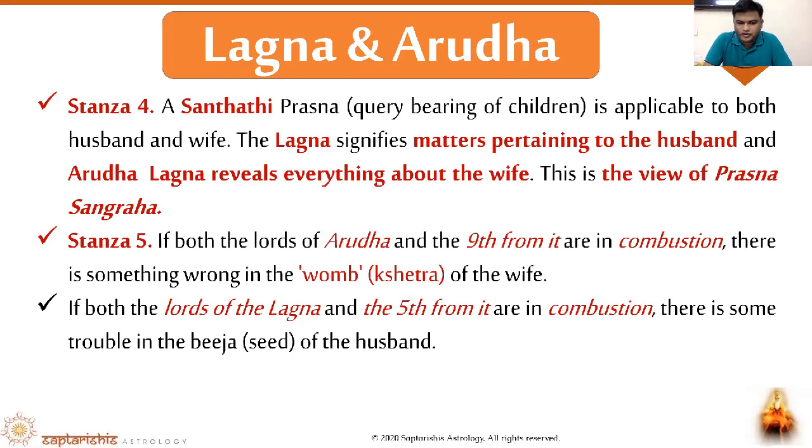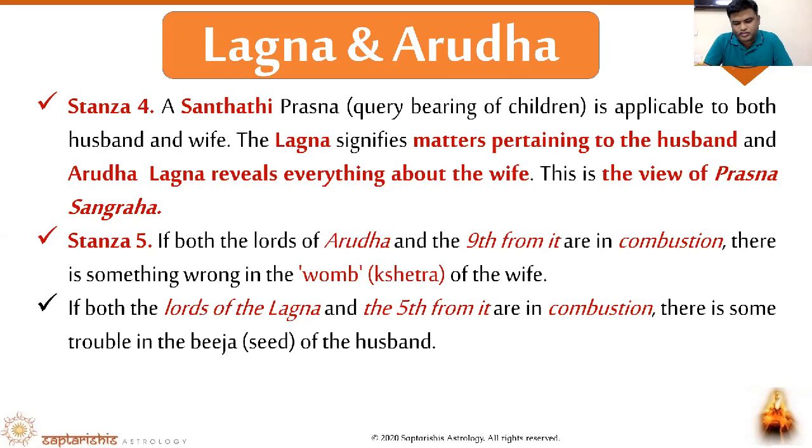See, in this stanza number 5, we are referring to Aruda, and in stanza number 4, you can read that Aruda Lagna reveals everything about the wife. Now from Aruda Lagna, if the ninth house is afflicted, especially in combustion, or if you see a major affliction in the ninth house, we can say something is wrong with the Kshetra. Kshetra means the womb.